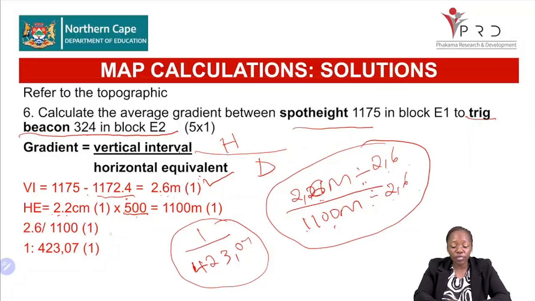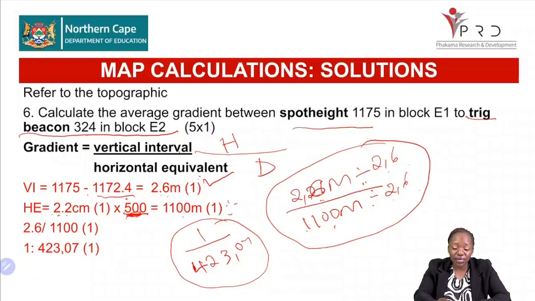So let me explain the fourth mark. You are given the first mark on your vertical interval. Then you are given the second mark on the correct distance, and you are given the third mark on the correct answer, which means because you have used the correct scale, you have the correct answer.